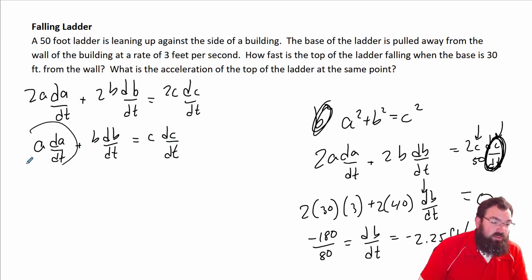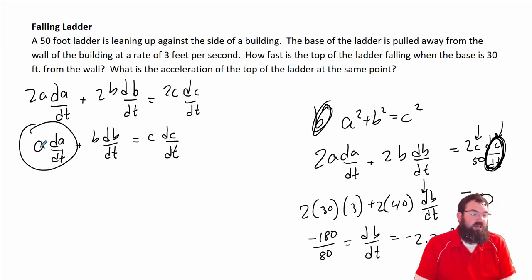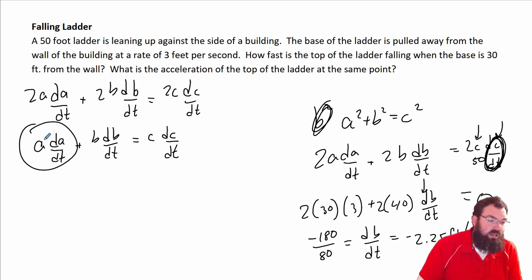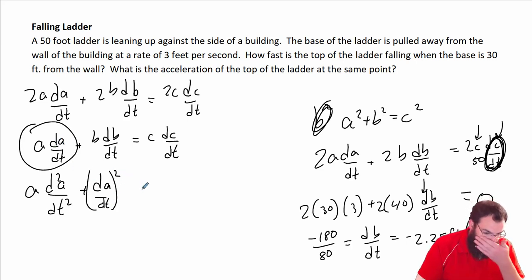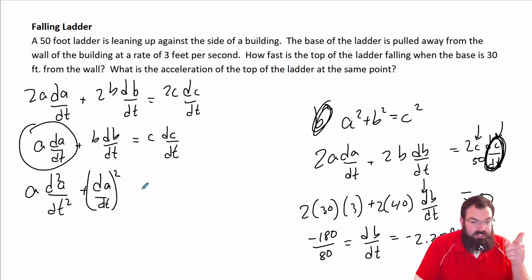The derivative of this is product rule, so it's u and then v. u is a and v is dA/dt. The derivative of dA/dt is d squared a over dt squared, times a, plus, what's the derivative of a? a is just dA over dt, times dA over dt. So that's just squared, right? Hopefully we see that.